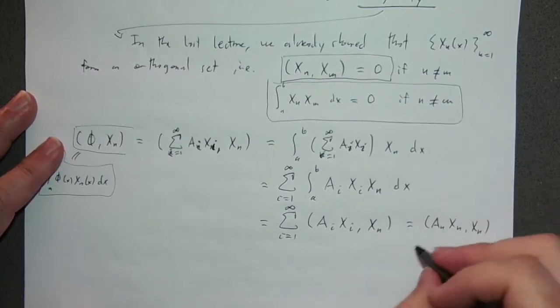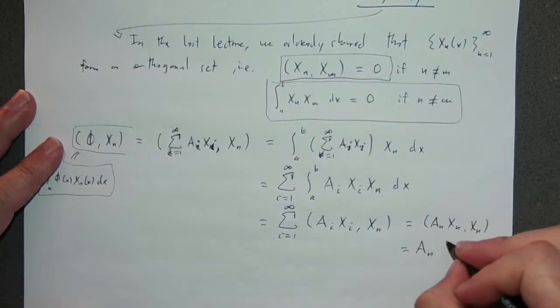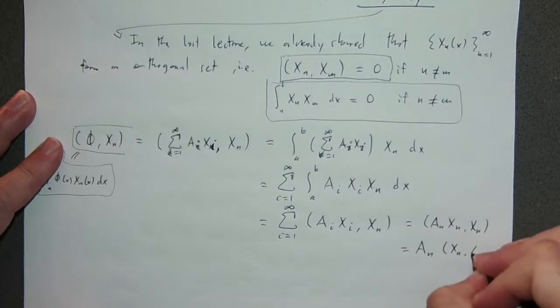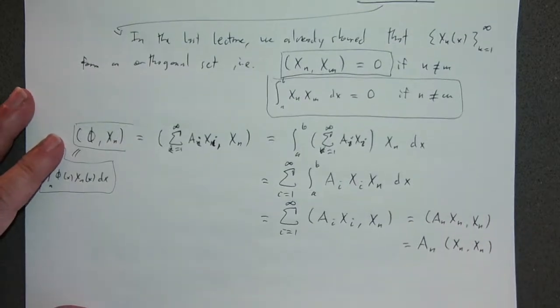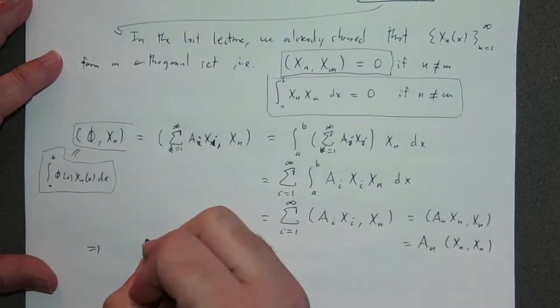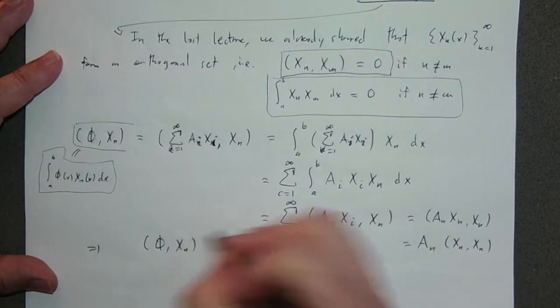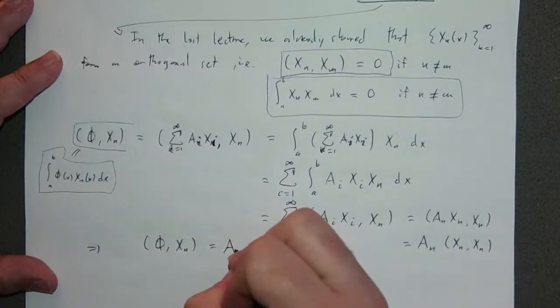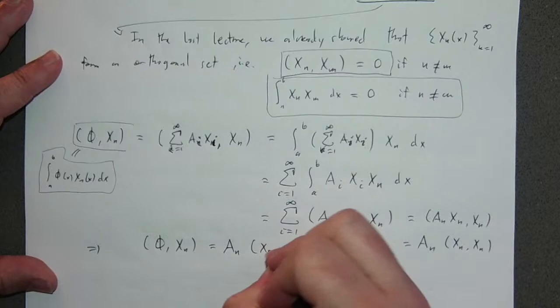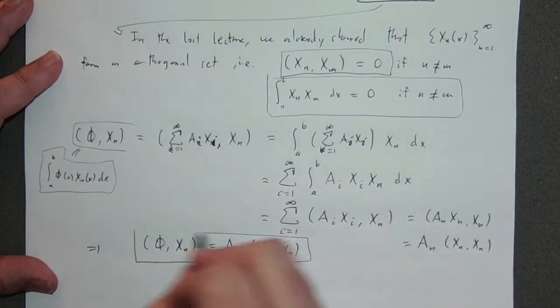By the definition of the inner product, I can just pull that a sub n out. So a sub n times the inner product of x sub n with itself. And so I have the statement that the inner product of phi with x sub n is equal to a sub n times the inner product of x sub n with itself.